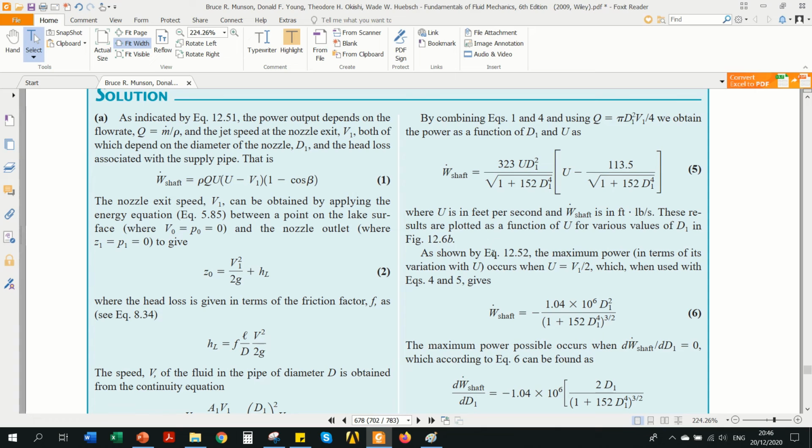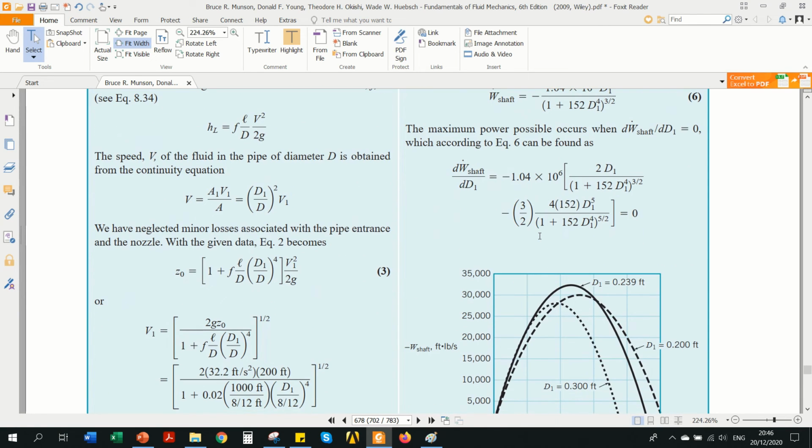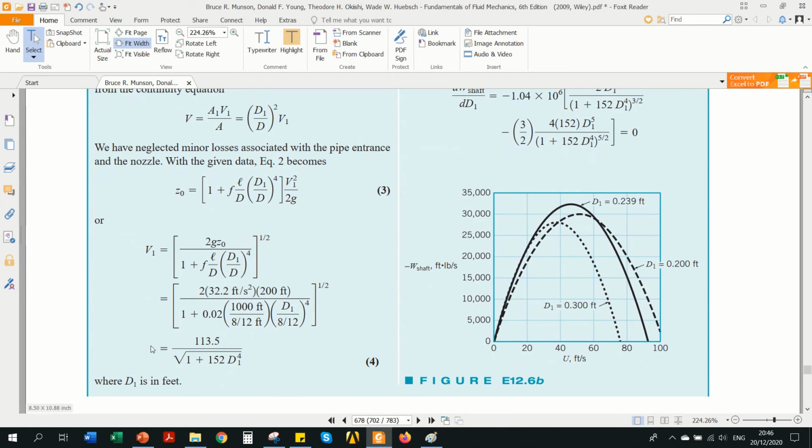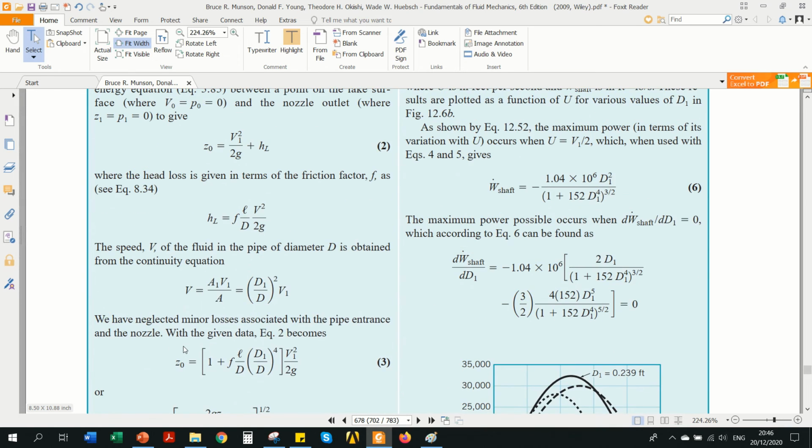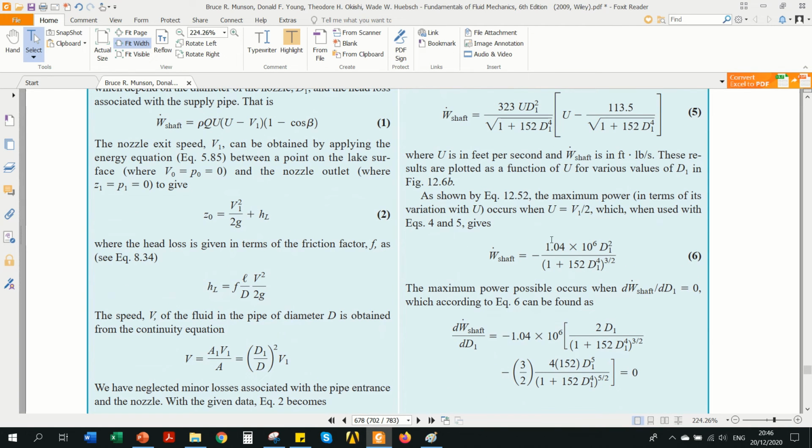We know from the previous slides that the shaft power is maximum when the blade velocity is equal to half of the absolute velocity at the inlet. By putting this condition into the equation that we just derived, we get the shaft power in terms of this equation right here.